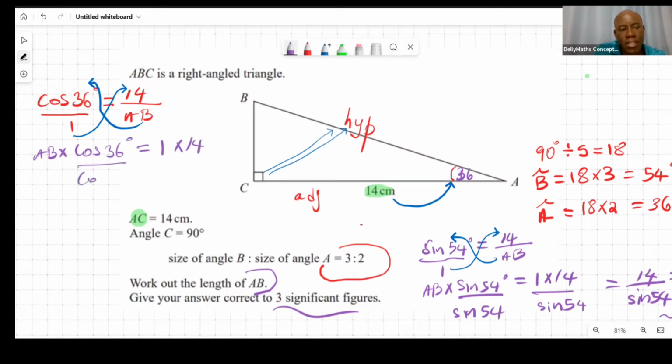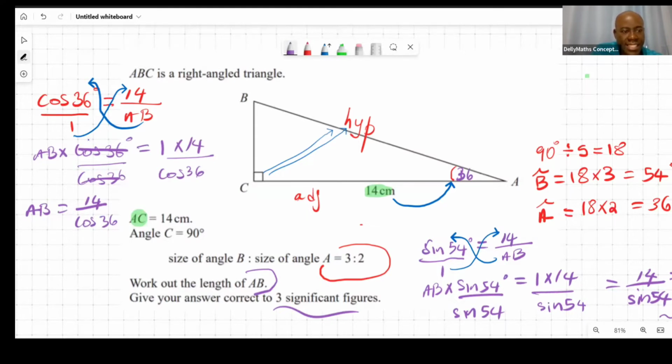Dividing both sides by the cos of 36 to ensure that AB is by itself, you could see that to find the value of AB, it's going to equal 14 divided by the cos of 36 degrees. So let us make sure that our calculator is in degree mode. So 14 divided by the cos of 36.